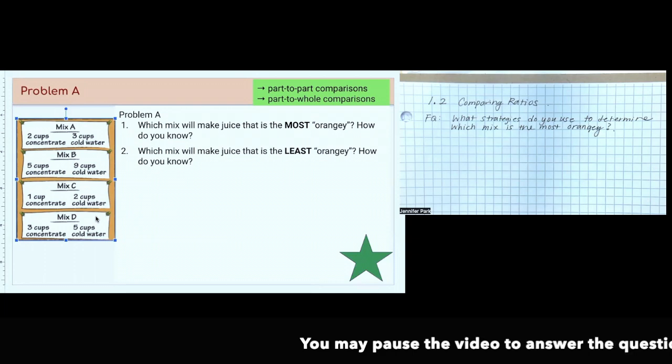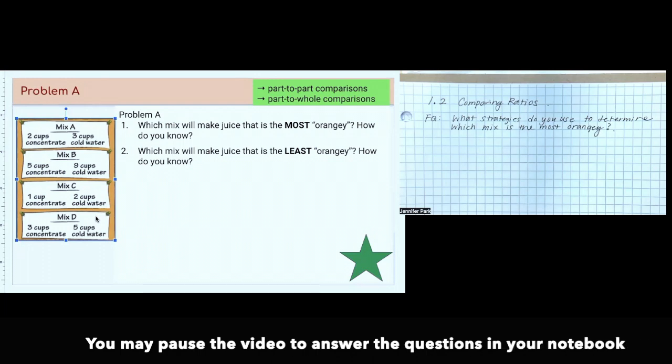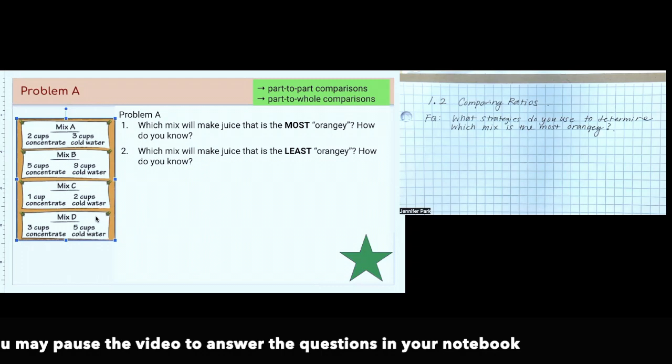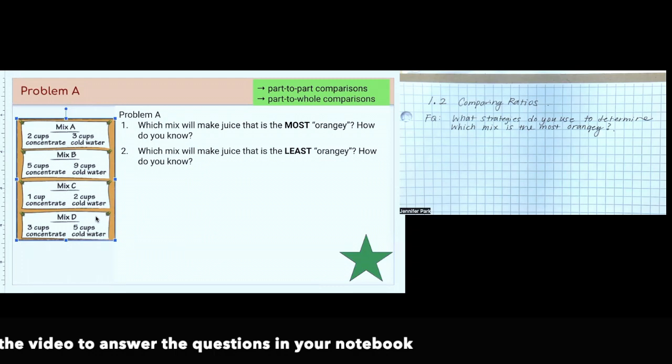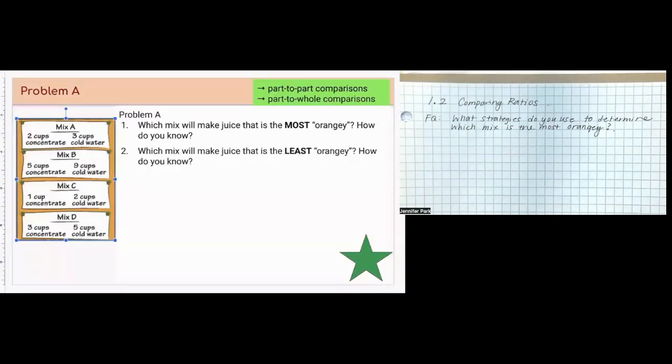Explain how you know. Number 2, which mix do you think will make the juice that is the least orangey? And how do you know? Come up with your responses and write a brief explanation explaining how you have come up with that decision. When you are done.